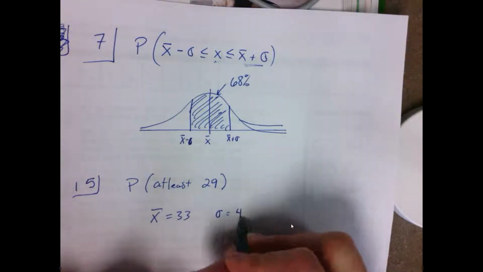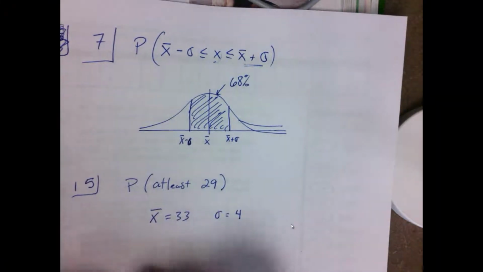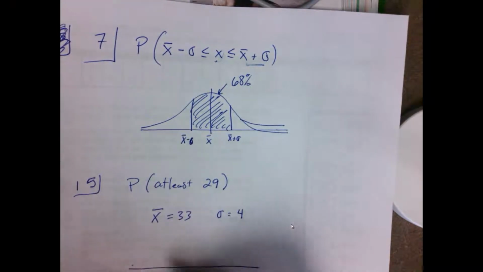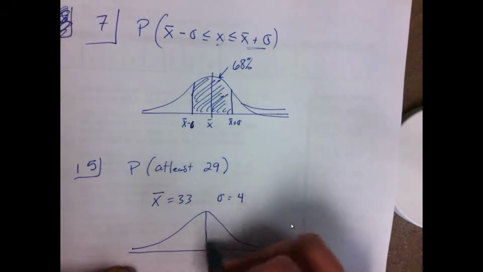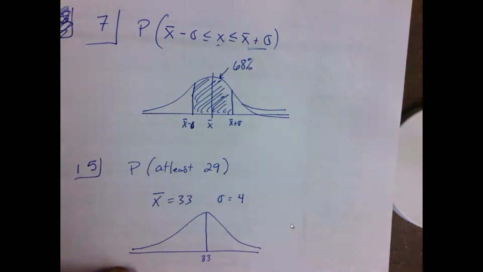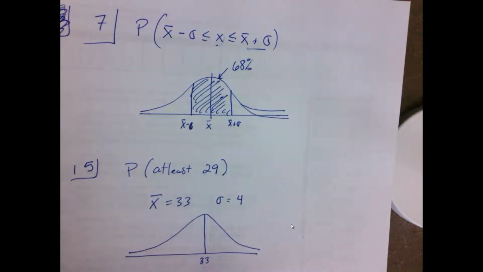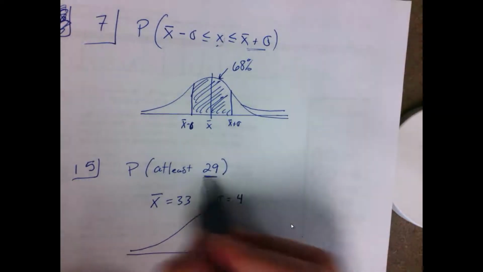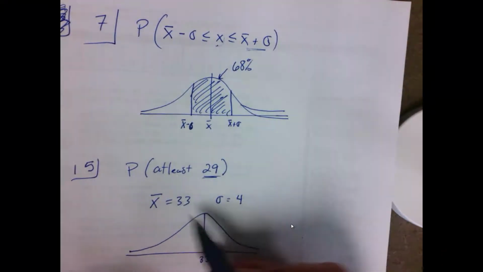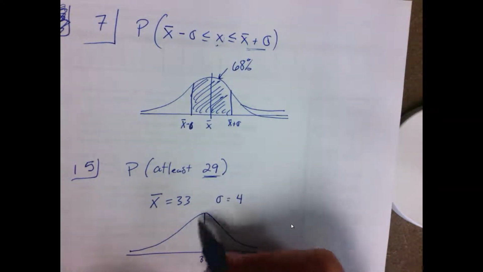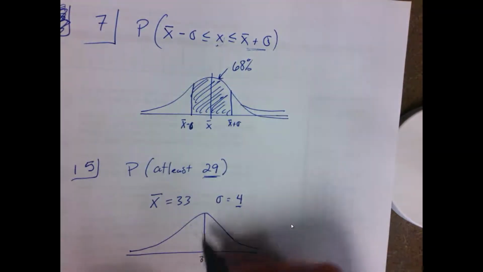Now, what we have to understand is we come back to drawing our normal distribution curve, something like that. Here's our 33. Now, where would 29 be? That's the question. This first set's going to be pretty easy because it's going to be whole numbers of standard deviations. 29 would be one standard deviation, or 4, less than 33.